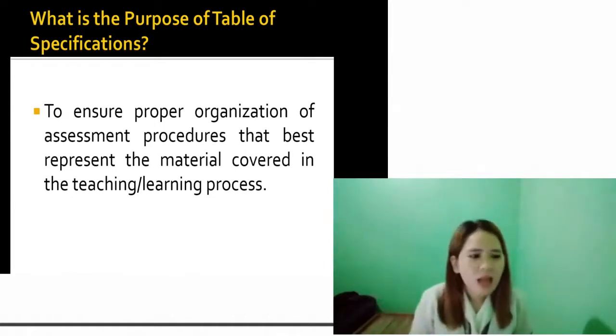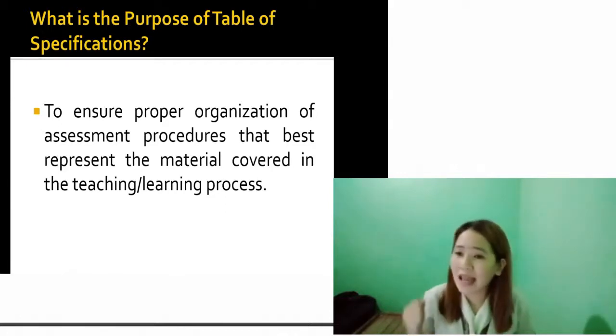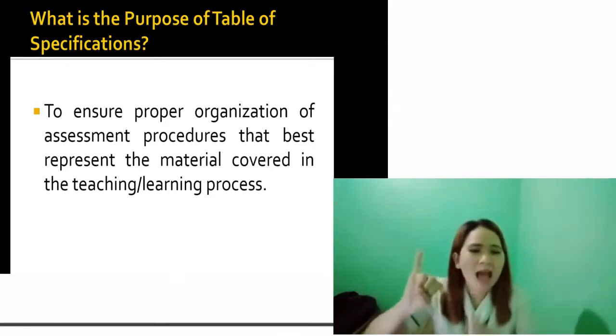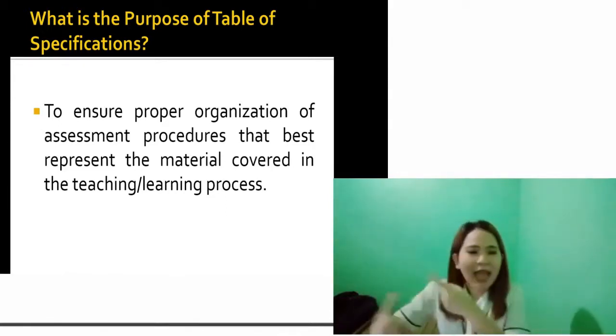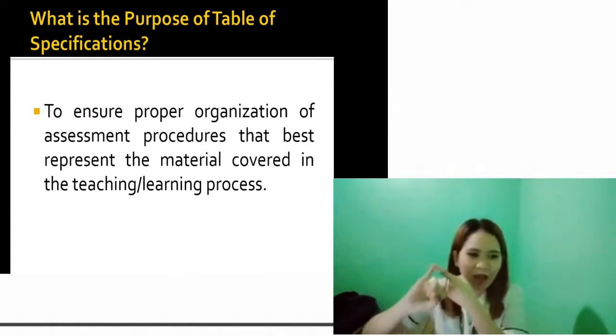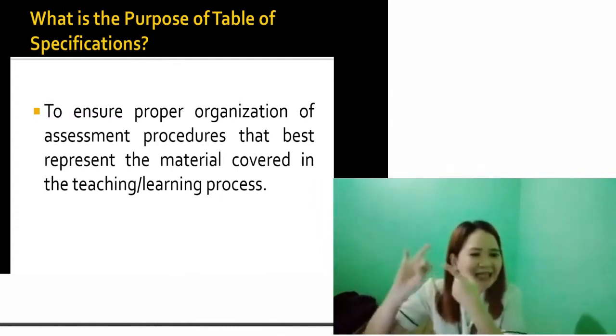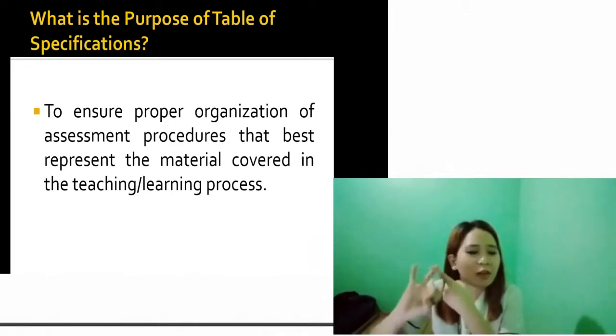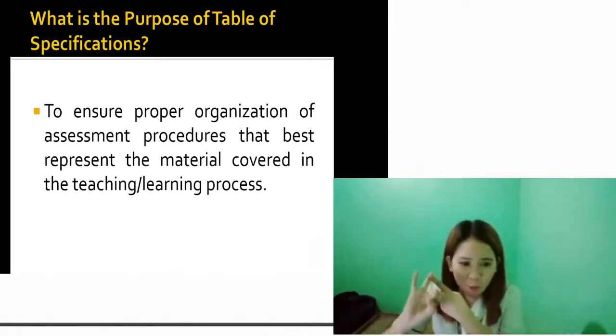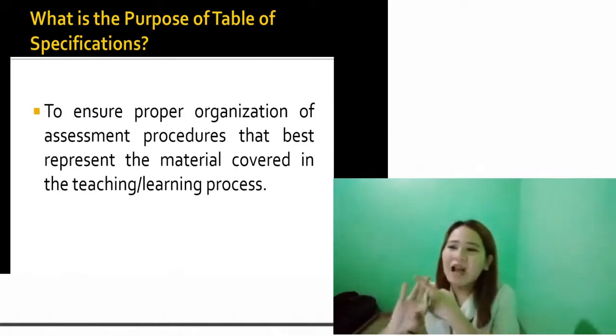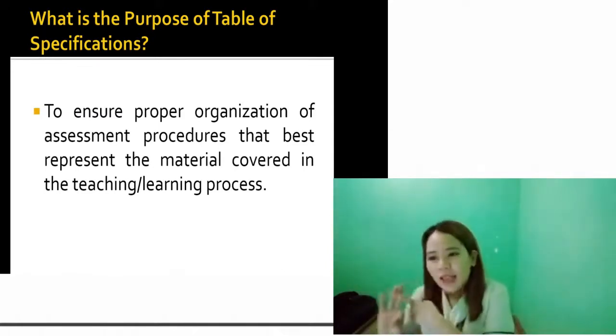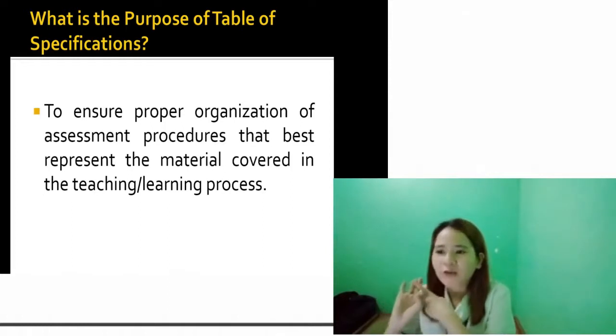Again, the purpose of Table of Specifications is, first, to identify the achievement domains being measured, second, to ensure that a fair and representative sample of questions appears on the test, and last, to improve the content validity of the test.